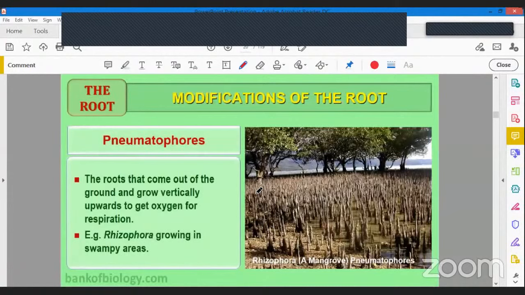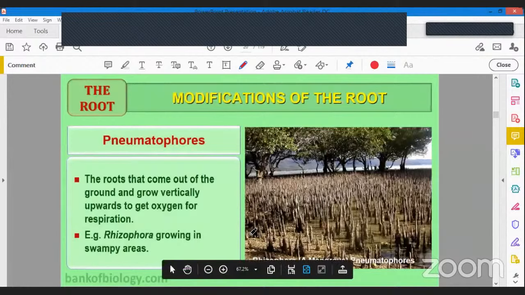That means there is no ventilation in the soil, so those cells are not getting sufficient oxygen. Rhizophora grows in swampy areas. You should know that the soil is highly swampy, the soil is compact and there is no way for air to go inside. That is why the roots come out, and they absorb oxygen from the air.